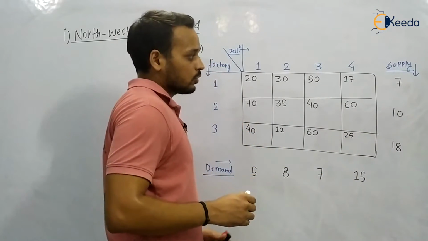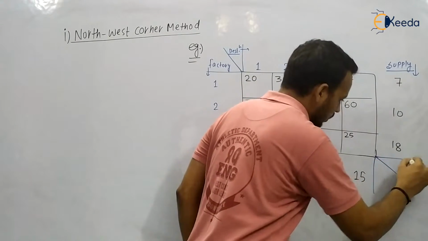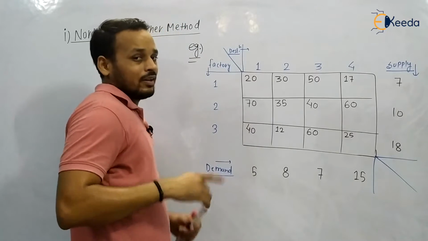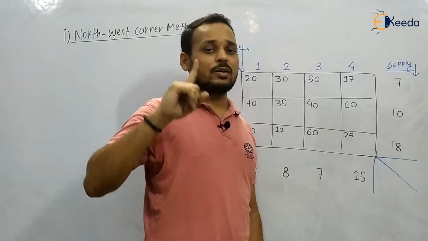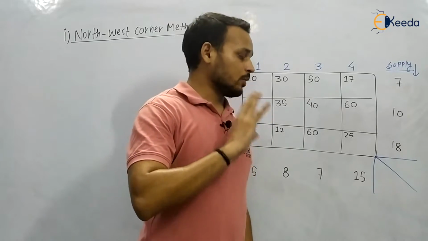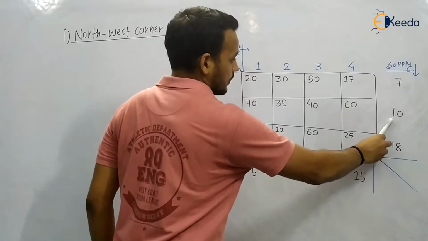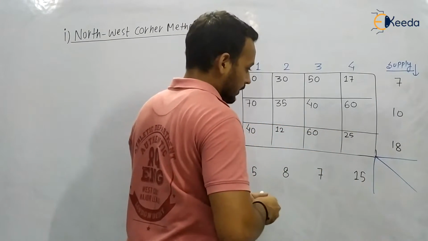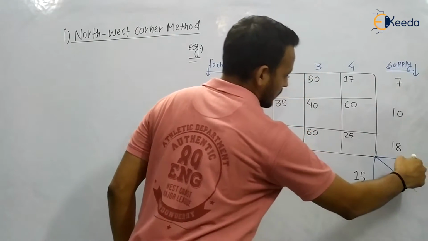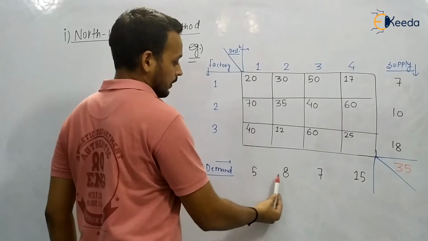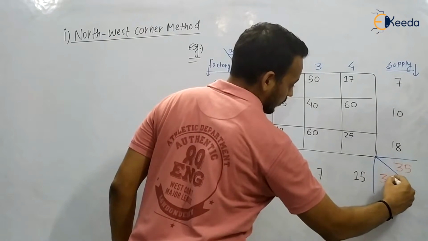So what do we have to check? We have to check that the summation of the total demand must be equal to the total supply, otherwise our problem will not remain balanced. So first we have to check whether our transportation problem is balanced or not. Here 17 plus 18 is 35, so the total supply is 35 units, and the total demand, 5 plus 8 plus 7 plus 15, is also 35.